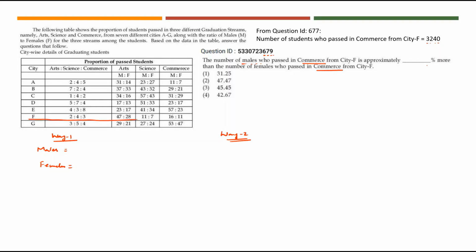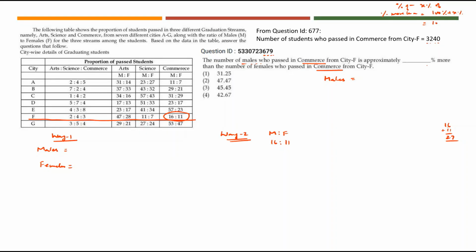So let's take city F here. In that we are concerned only about the commerce stream. So male to female ratio will be 16 is to 11. What is 16 plus 11? It is 27. So here we will just translate the statement. The number of males is approximately equal to percentage of something, means we can say it is X percentage of something. When we say percentage more than something, means it is 100 percentage plus X percentage.